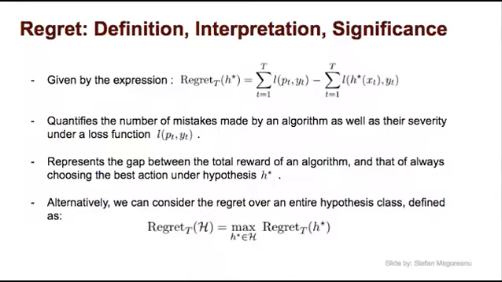One way to measure the performance of an online learning algorithm is the concept of regret. Regret of a hypothesis h star is essentially the sum over all the rounds of the difference between the loss function value of the prediction minus the loss function value of the prediction using the hypothesis.